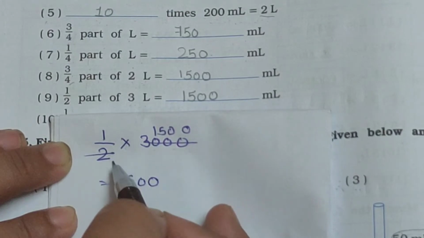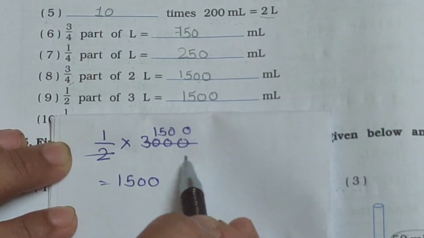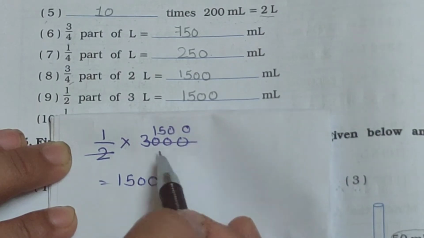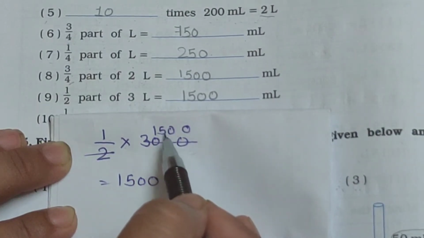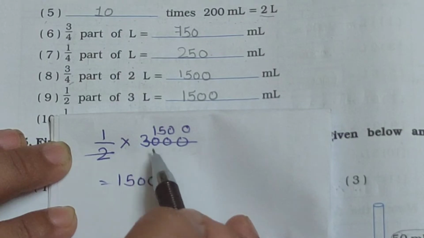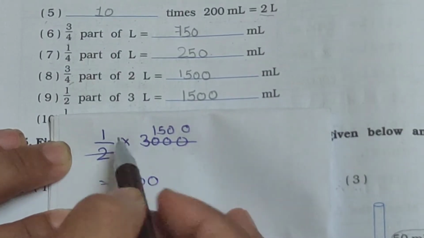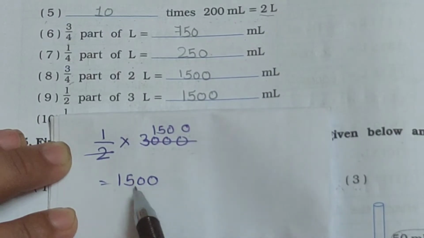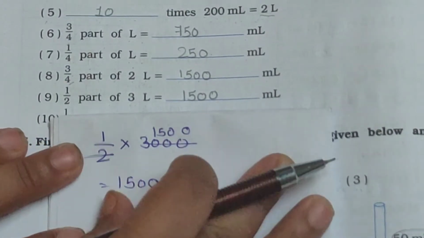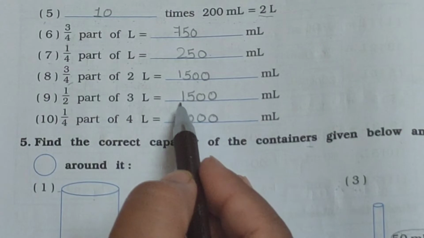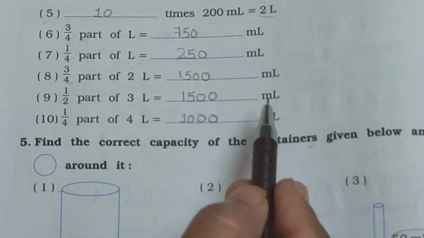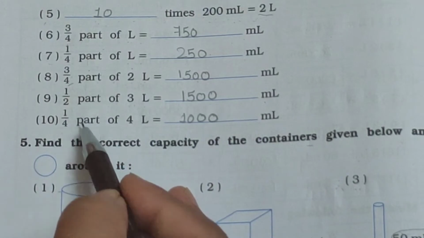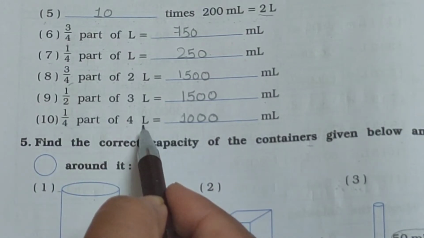Now 2, how much is 3000? 1500 multiplied by 2, then we get 3000. So here 1 multiplied by 1500, so 1500 is your answer. So in the answer you have to write down 1500 ml. Now see the 10th one, 1/4 part of 4 liter.